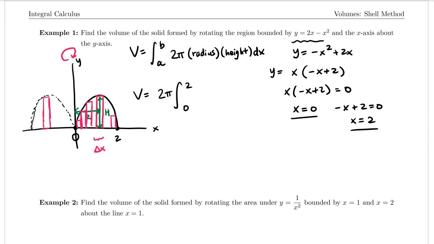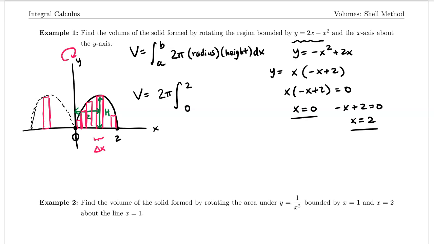My students will ask, why are the limits of integration not negative 2 to 2? Well, the rectangles in quadrant 2 are already being accounted for, because these are cylindrical shells, and they're already being accounted for when I'm looking at the rectangles in quadrant 1. So my limits of integration should be from 0 to 2.